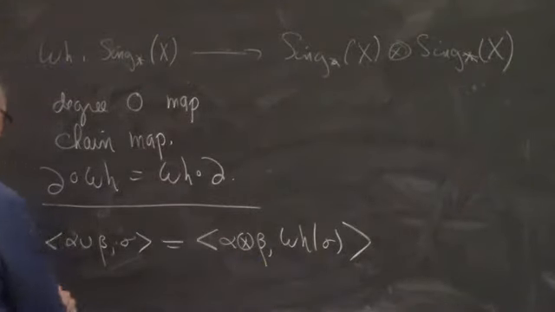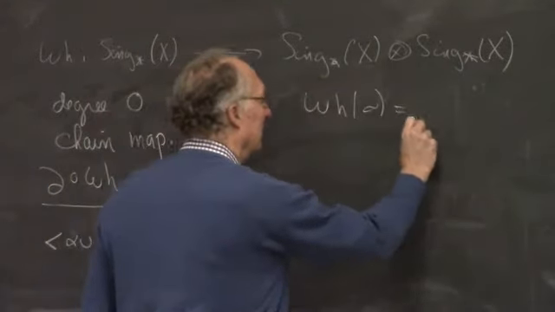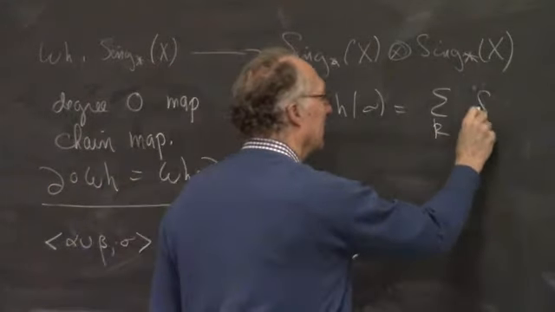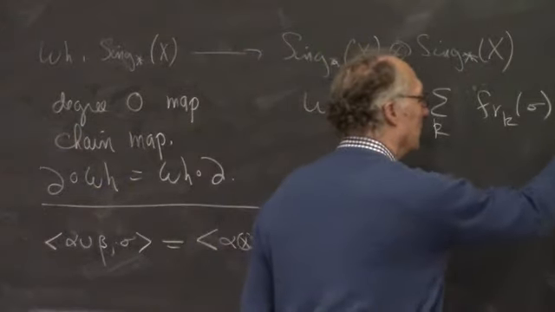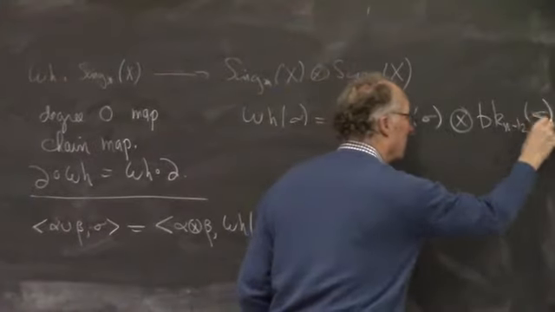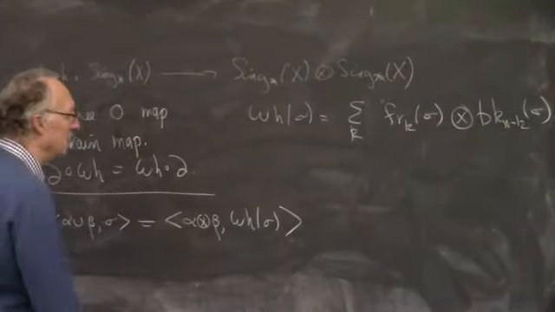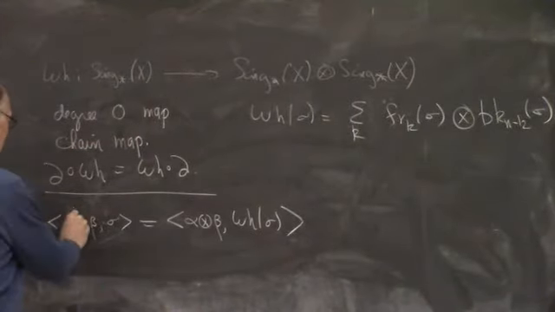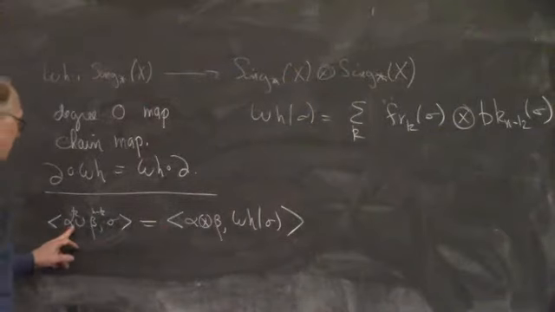And I just remind you that the Whitney map of sigma is the sum over k of the front k face of sigma tensor the back n minus k face of sigma. So this gives you the usual Whitney formula. This is a k and n minus k. You get alpha on the front k face and beta on the back n minus k face.